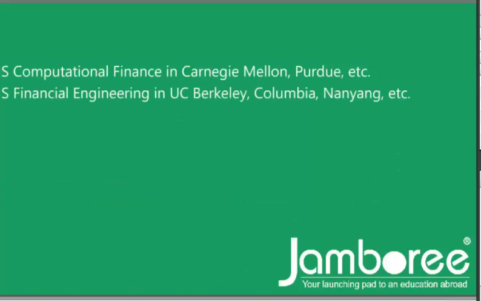The next program, again related to finance, is called MS Financial Engineering, right? It's offered in quite a few colleges in the US and also in Singapore: University of California, Berkeley, Columbia, Nanyang. These are some of the universities which have the MS in financial engineering, right? There's a slight difference between computational finance and financial engineering.